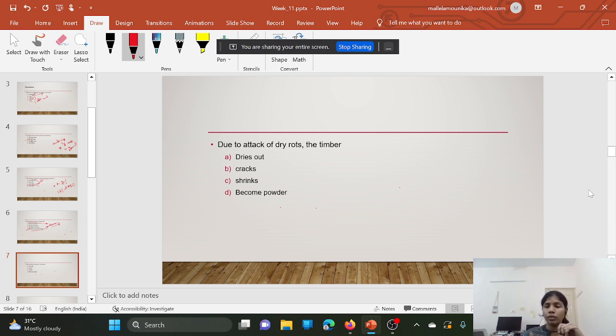So this is one type of attack on the timber, which is known as dry rods, and this will make the timber become powder form. So dry rods make the powdered form of timber.